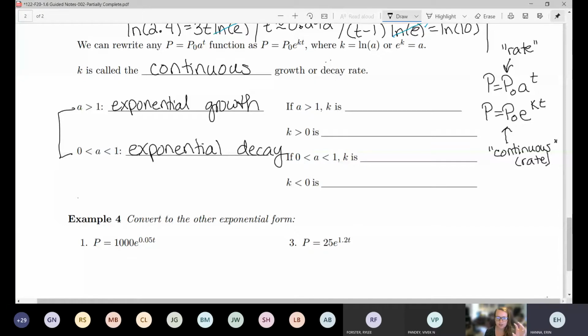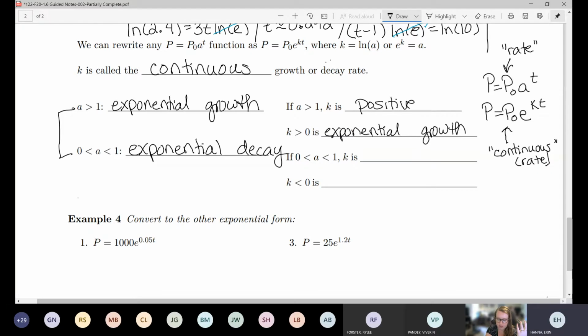We're going to have the same exact specifications for this k value as well, and we have the link between the a and the k value. So if a is greater than 1, k is going to turn out to be positive. And in that situation, when k is positive, we have exponential growth.